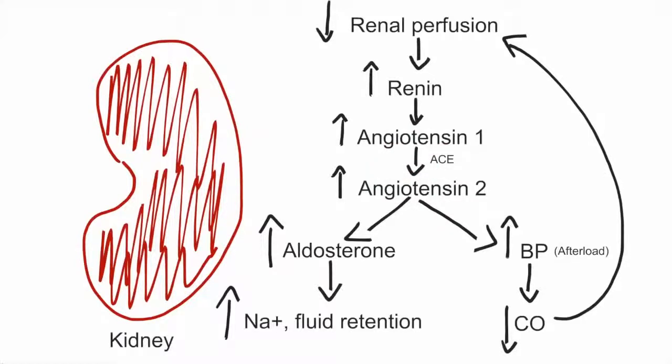Spironolactone or eplerenone block the effects of aldosterone and prevent sodium retention and improve mortality in patients with advanced stage heart failure. Hydralazine and nitrates used in combination decrease afterload and have also been shown to improve mortality in patients with heart failure.